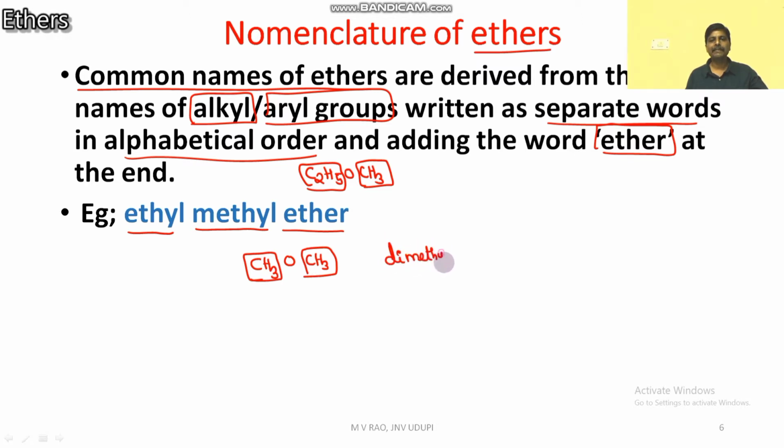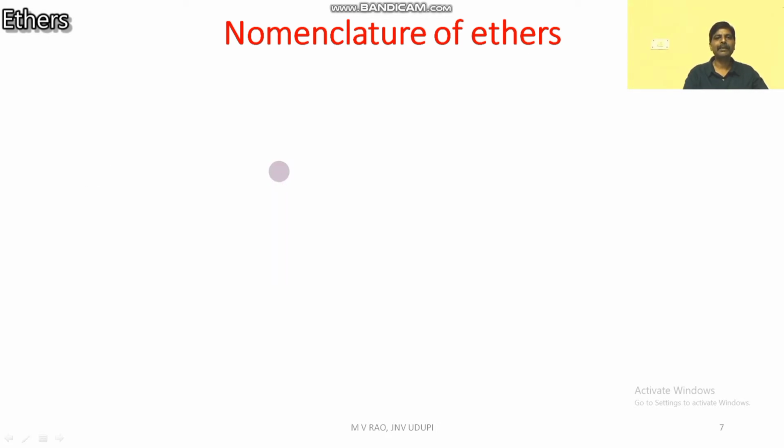Dimethyl ether. So common name, alkyl groups you have to write as separate words, arrange alkyl groups in alphabetical order and ending word is ether. This is about common name.